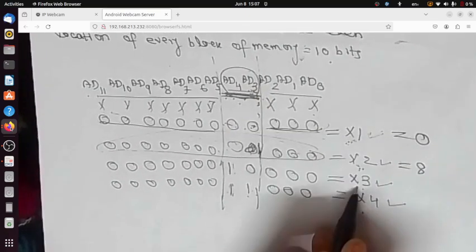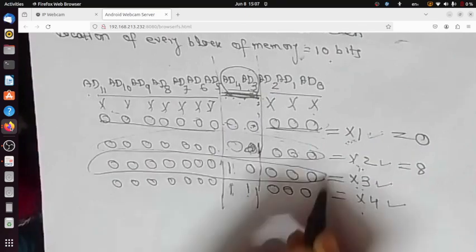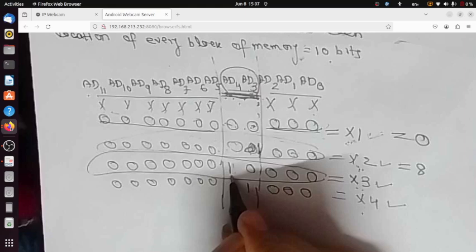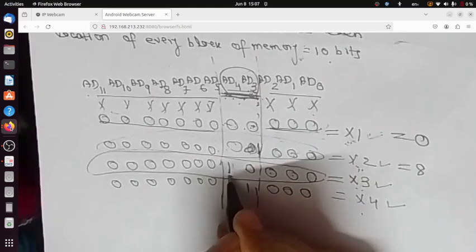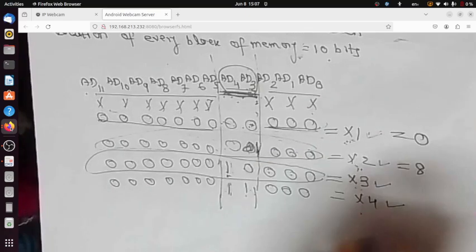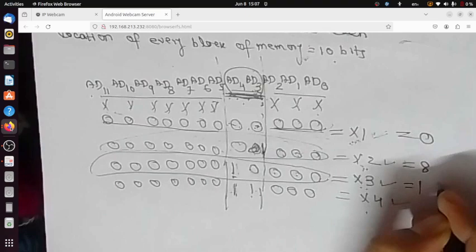Similarly, for starting location X3, this will be the input memory address. And what is the decimal representation of this memory address? Now 1, 2, 4, 8, 16. So the 16 bit position is one. So the starting input memory address for X3 will be 16.